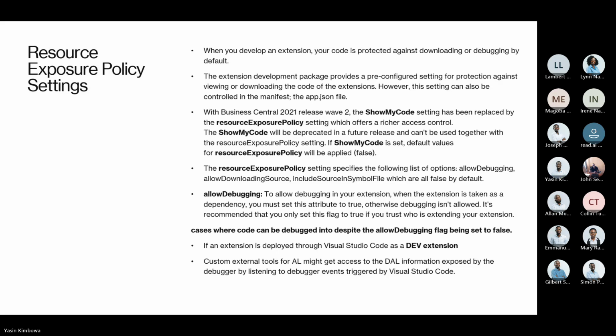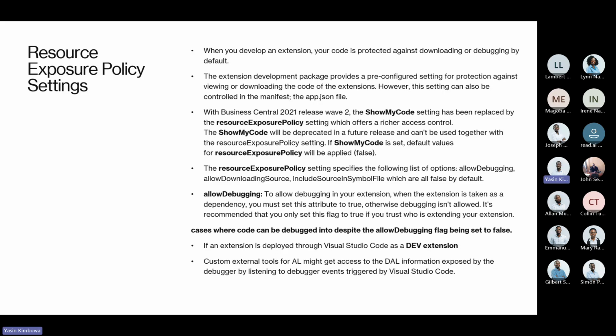These are the conditions. One, if an extension is deployed through Visual Studio as a dev extension. Then two, custom external tools for AL might get access to the AL information exposed by the debugger by listening to debugger events triggered by Visual Studio Code.